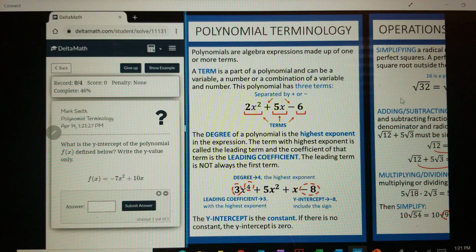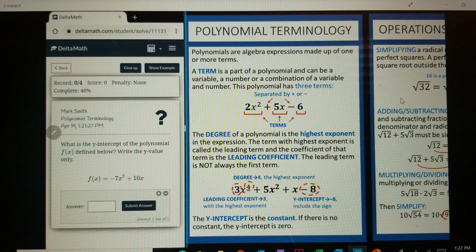The degree is the highest exponent. So in our example here, we have an exponent of 4 and an exponent of 2, and that would mean it's a degree 4 because 4 is the highest exponent. And then the leading coefficient is the number in front of the highest exponent. So that's a 3 here.